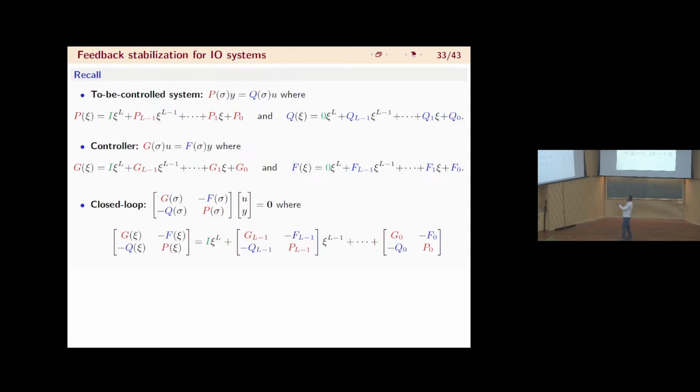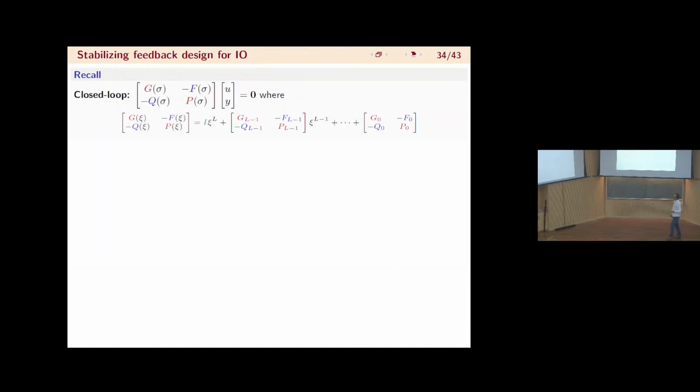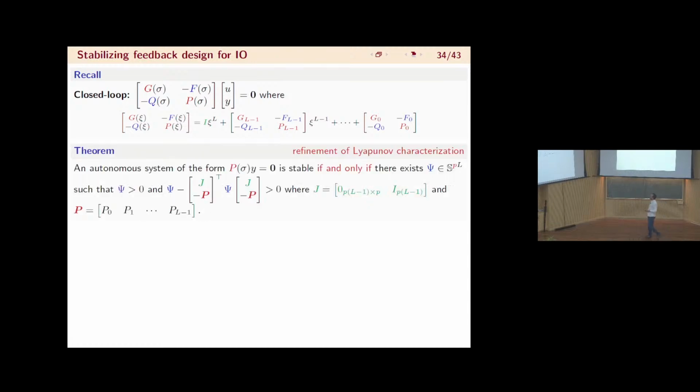Now, in closed loop, I have this autonomous system. So if I look at this polynomial matrix, I can identify these coefficients. Let's write these coefficients down. Now, I do know how I can check stability of an autonomous system of this form.